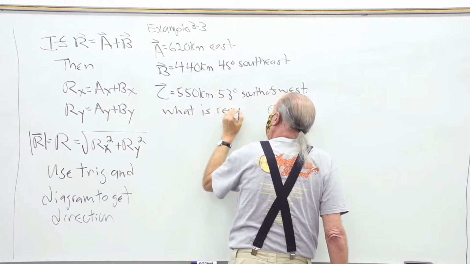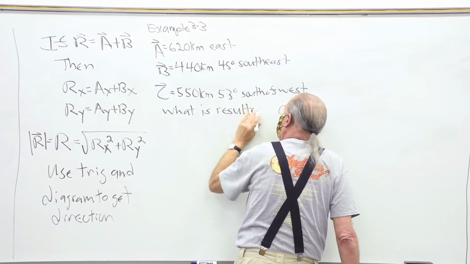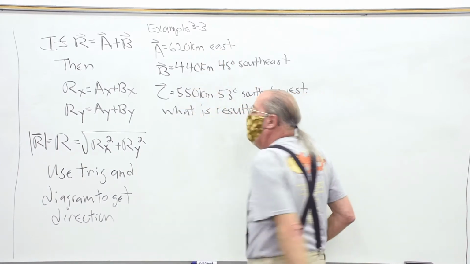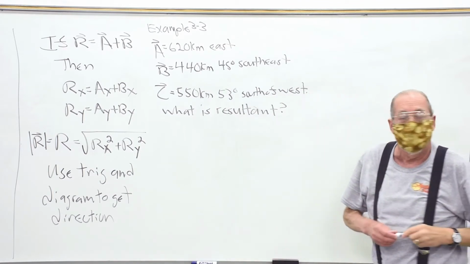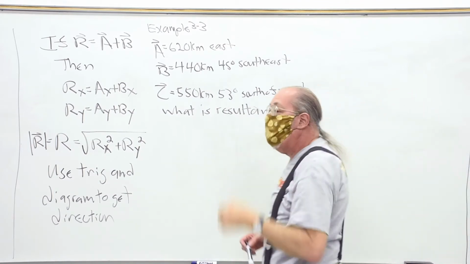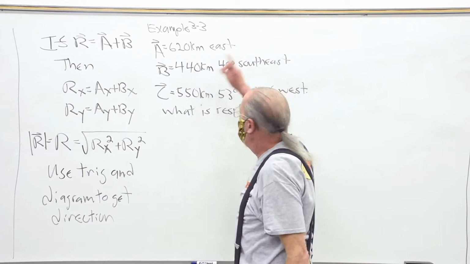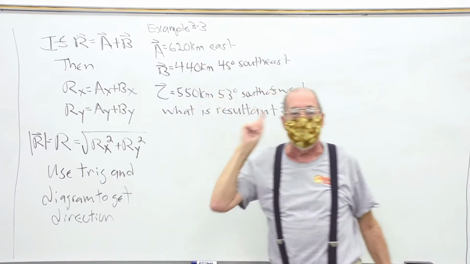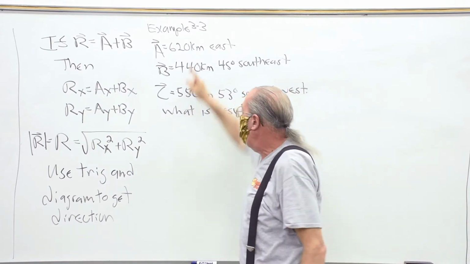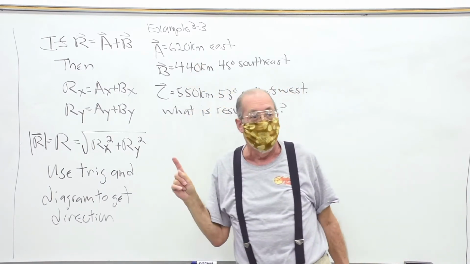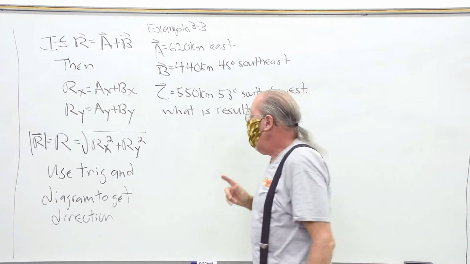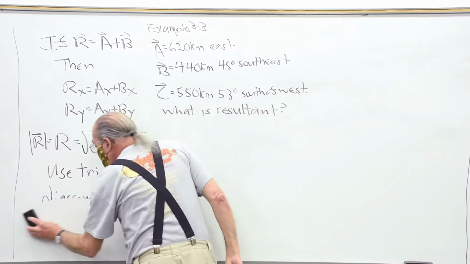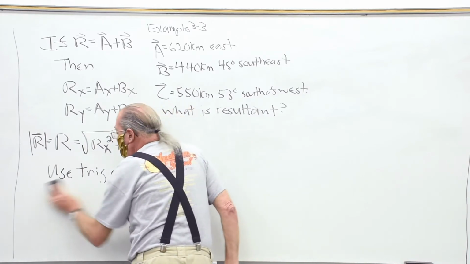What is the sum of these 3 vectors? Add those 3 vectors. The rule is you must draw a diagram for each one. You're going to have to draw 3 diagrams here, because one of the difficulties you're going to have is determining the sign of the components.